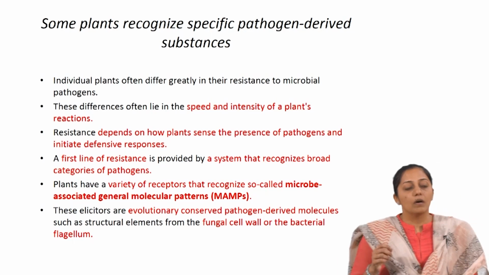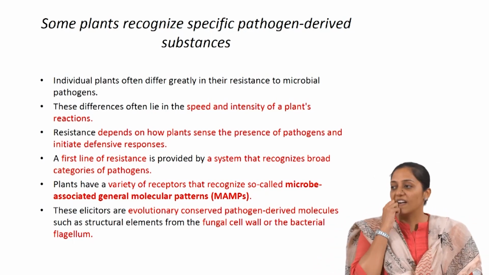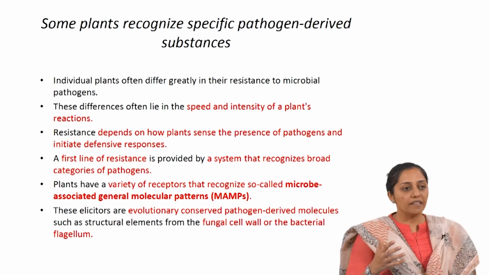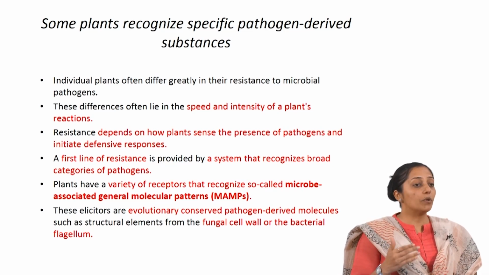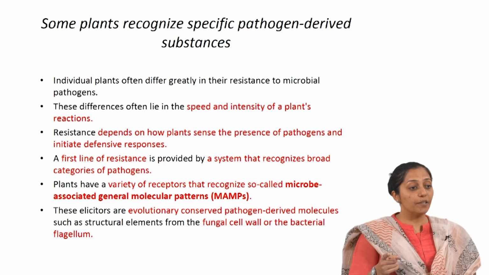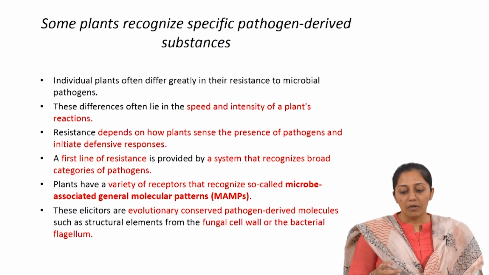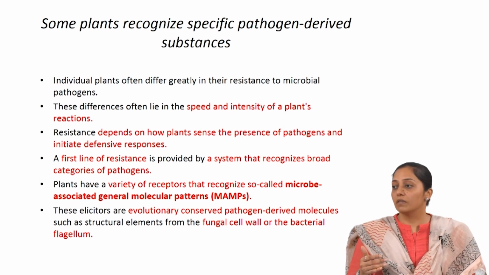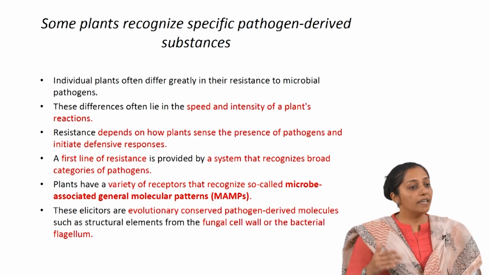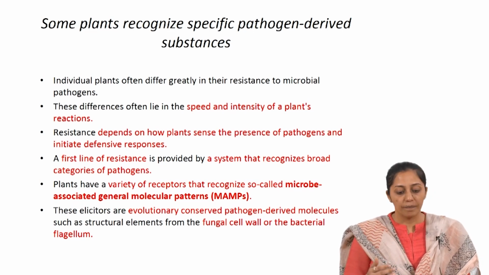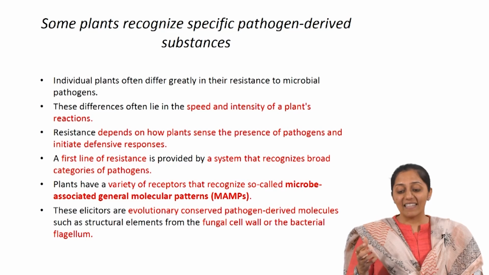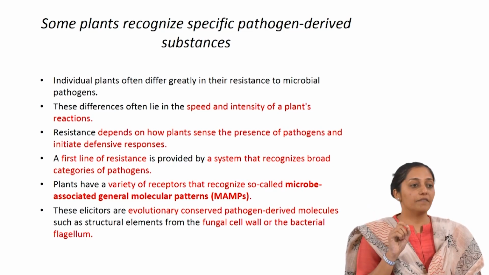Now what other mechanism does the plant use to protect itself? You remember I was talking about acquired immunity and innate immunity in plants. So today we will be talking about the different acquired and innate immunities in plants. Some plants recognize specific pathogen-derived substances.